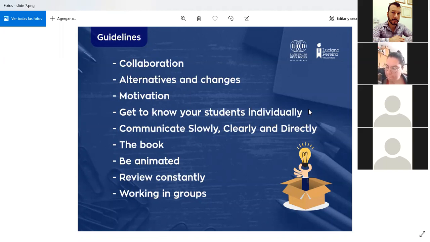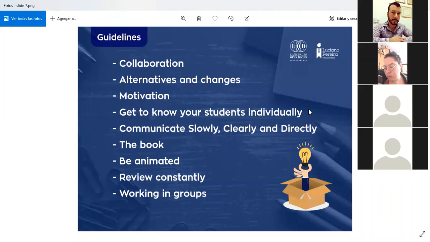Next point is the book. Well, this is related with the material that we use in class. As I said before, try not to use only the book. Try to bring alternatives to your class. Go to YouTube and look for some videos related with the unit of the book.